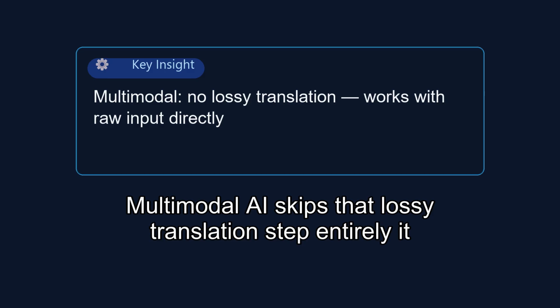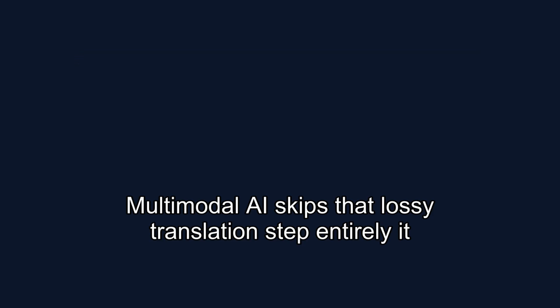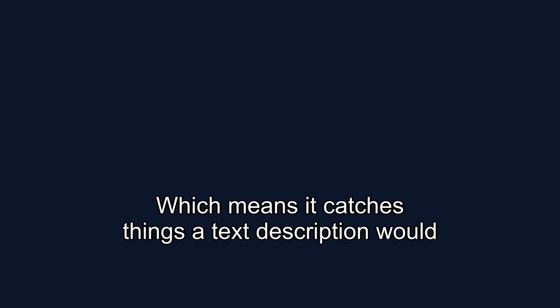You'd miss things, subtle things. Multimodal AI skips that lossy translation step entirely. It works directly with the raw input, which means it catches things a text description would have dropped on the floor. I would have just described the photo. I genuinely thought that was fine. Most people would. That's not obvious until someone explains it.